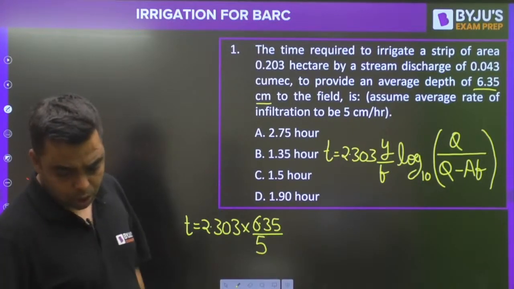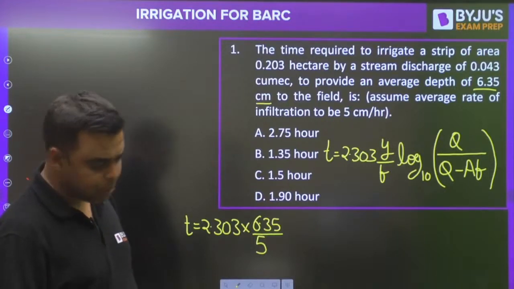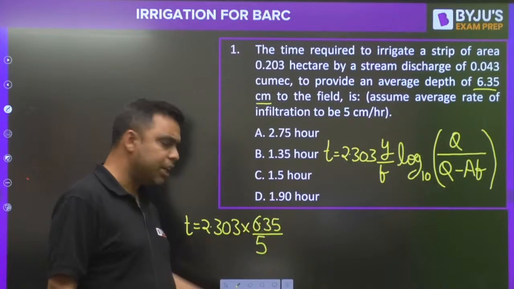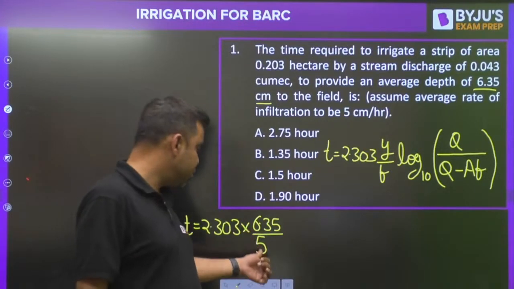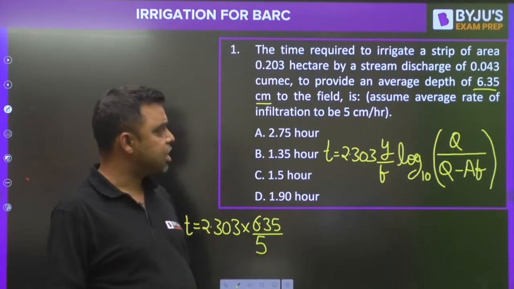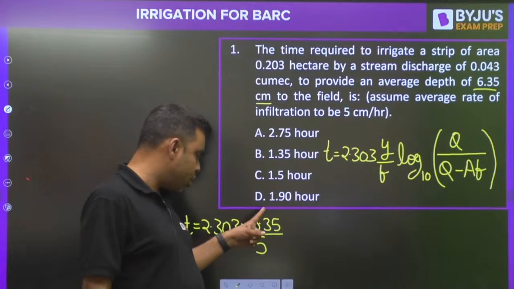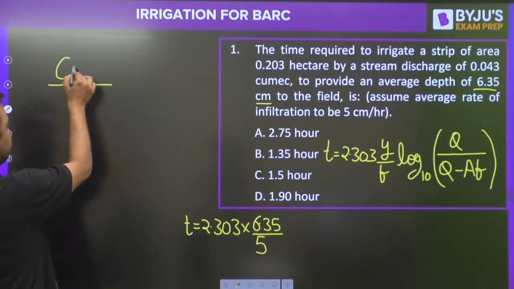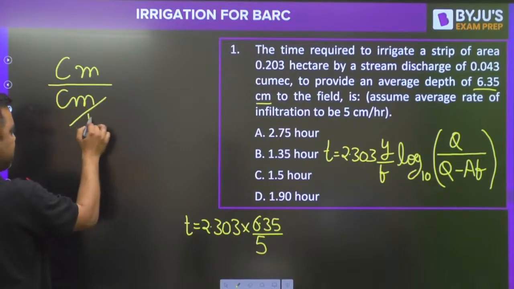Yes Abhishek ji, yes Mudasir ji, very good, 1.35. Now guys, please try to understand that the unit of Y is in terms of centimeter, and the unit of F given in the question is in terms of centimeter per hour. So in numerator the unit is centimeter, and in denominator the unit is centimeter per hour.